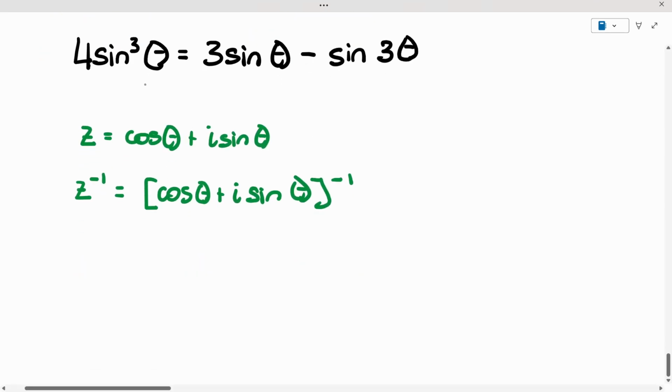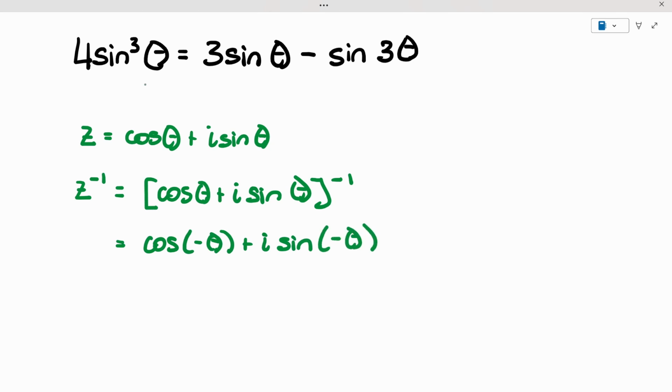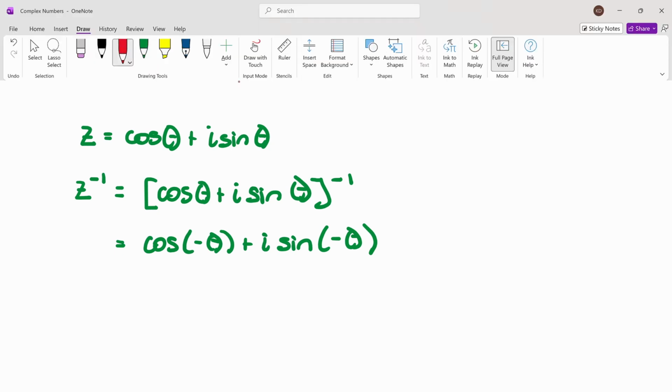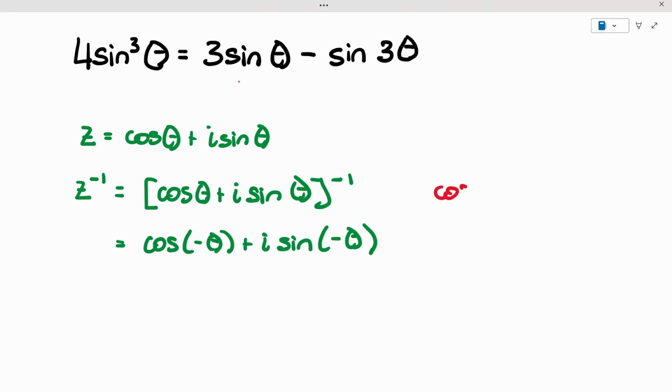And using De Moivre's, we get cos minus theta plus i sine minus theta, right? And we know that cos of minus theta is equal to cos of theta, and sine of minus theta is equal to minus sine of theta.